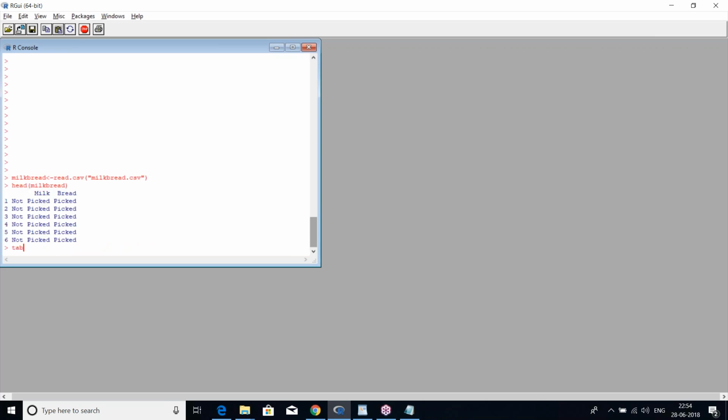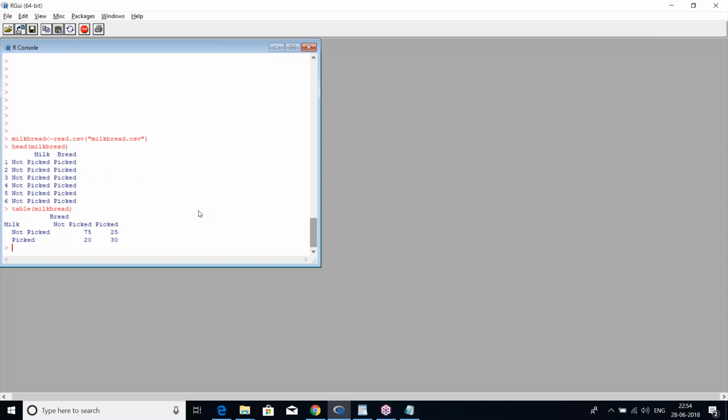And a good way to summarize this is to look at these entries in a tabularized format, right? There's a command called table, and then I will pass this variable which contains the CSV file, and this gives us a nice summary.